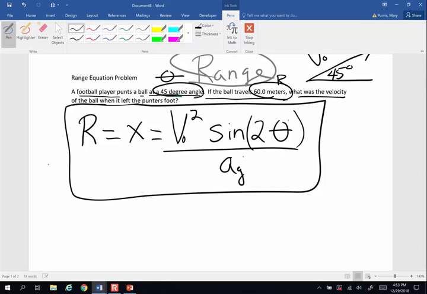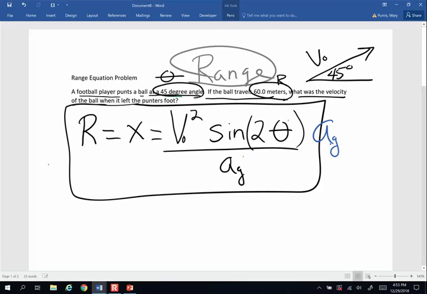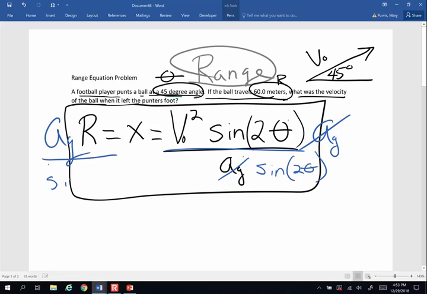In order to solve for V, I am going to multiply both sides times the acceleration of gravity. That's going to reduce that. And then to get V alone, I'm going to divide both sides by the sine of 2 times theta.